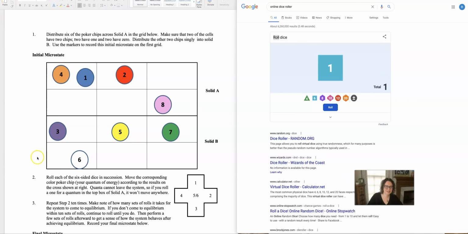Do you see this grid here? It's like 2 solids, and each solid has 2 rows and 3 columns. So you'll want to draw your own version of that grid, and then also cut out little circles or squares, it doesn't matter, and number them 1 through 8. However you decide to manage this, go for it.